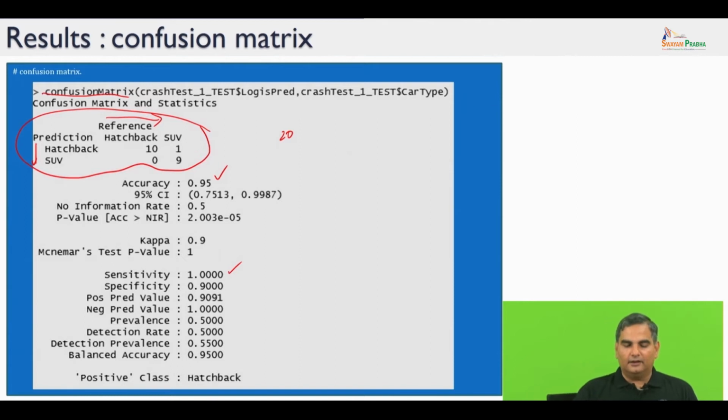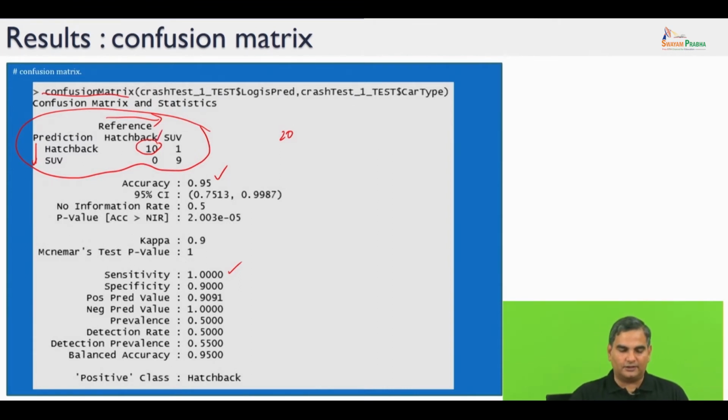Then we could interpret each one of these numbers. This number is a prediction that a car is a hatchback, and the car was truly a hatchback. So these are all right predictions of hatchback.